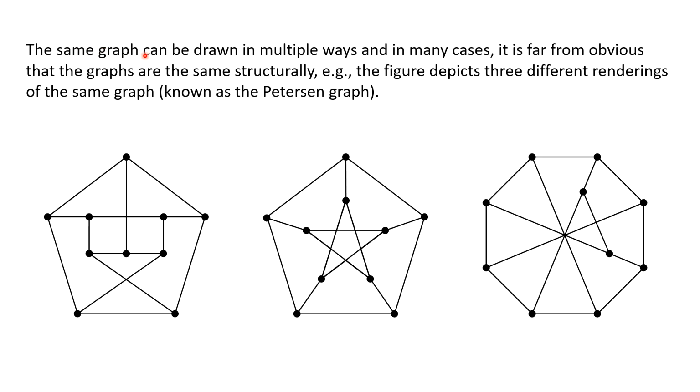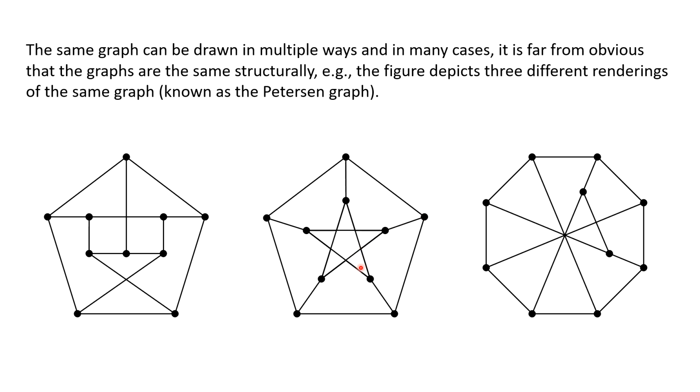The same graph can be drawn in multiple ways, and in many cases it is far from obvious that the graphs are the same structurally. For example, the figure below here depicts three different renderings of the same graph. This is known as the Petersen graph. It's used in a lot of different examples and counterexamples. So these three are the same, and of course they don't look at all similar.